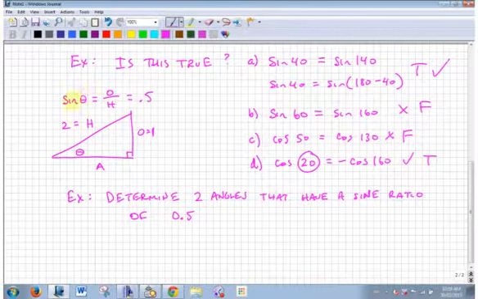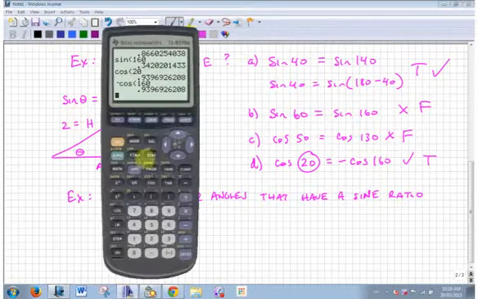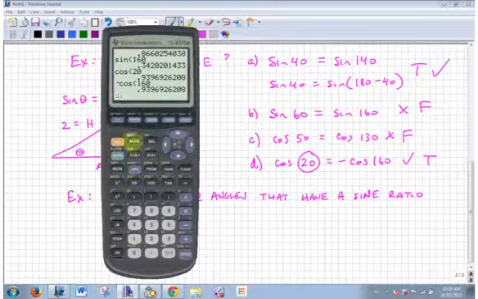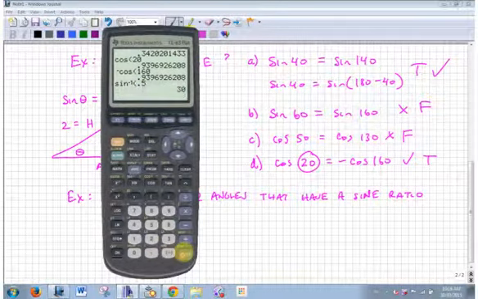If you don't know the angle, what do you do? Second function, sine. If you don't know the angle, but you know the ratio, you can find the angle.